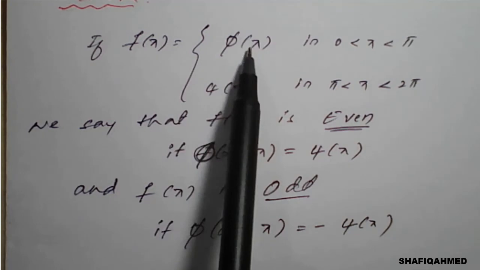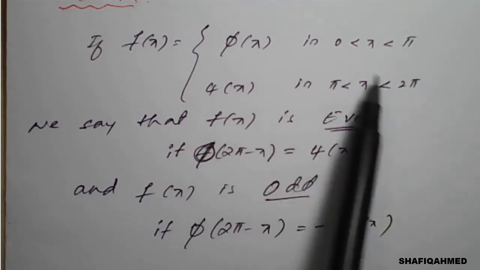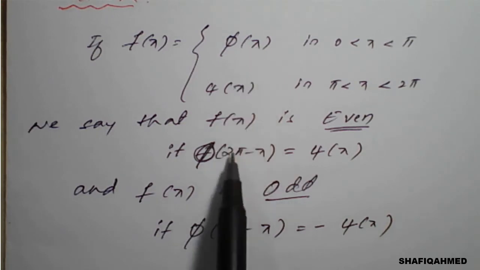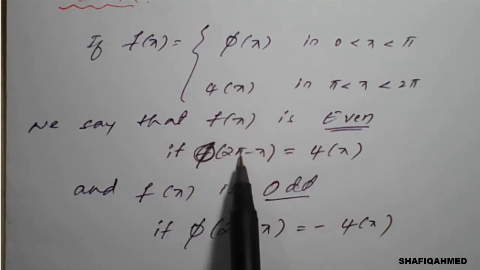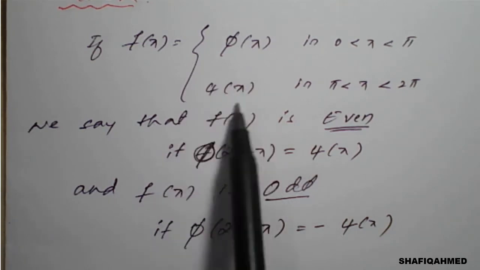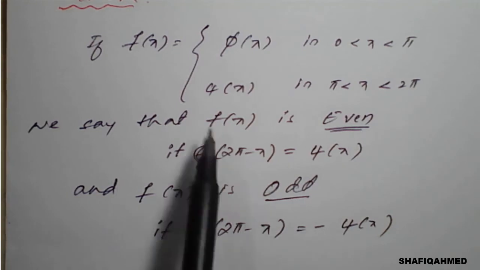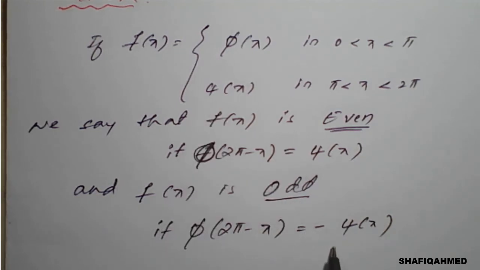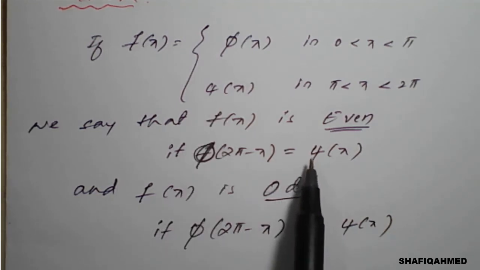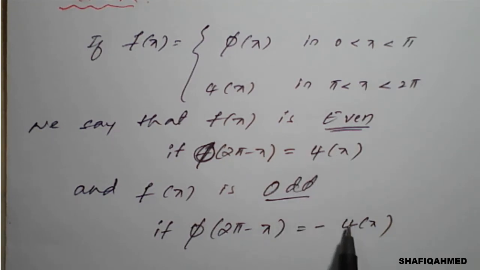In the interval 0 to 2 pi, we have to replace x by 2 pi minus x. On replacement, if the answer turns to plus psi of x, we can say it is even. If it is minus psi of x, then we call it an odd function. And if it turns to neither a positive nor a negative psi of x, but some other function, then it is called a general function.